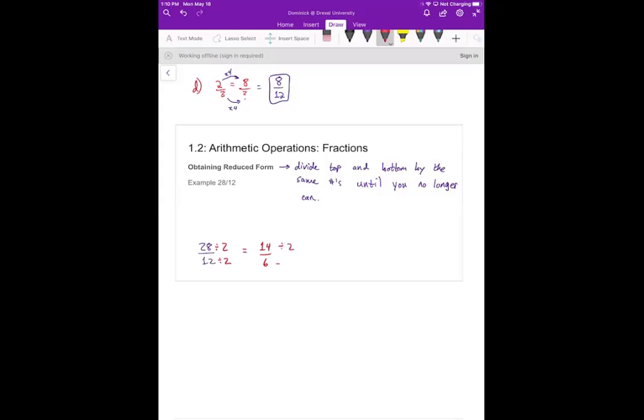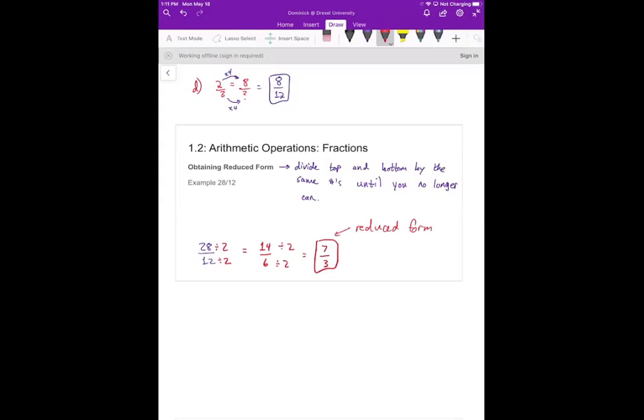We divide by 2 in the top and the bottom again, and we get 7 over 3 this time. Now here, we can no longer do this, because I could only divide the top by either 1 or 7, and I could only divide the bottom by 1 or 3, and dividing by 1 doesn't change anything, so I'm stuck here. So that means that this is reduced form.